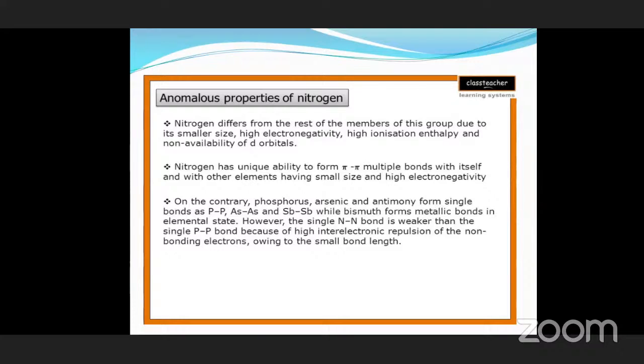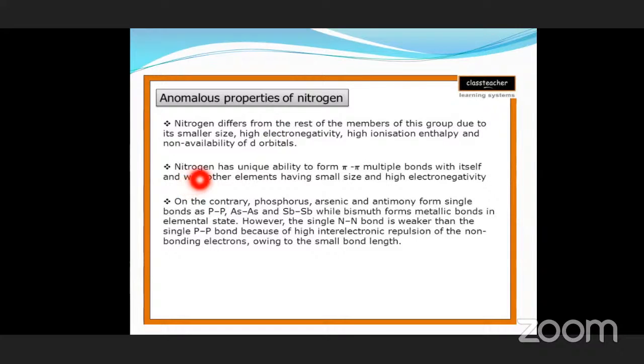That's why nitrogen shows the highest electronegativity within the group compared with phosphorus, arsenic, and antimony. Nitrogen also has high ionization enthalpy, and there is no d orbital in the nitrogen electronic configuration. So this is about this point.